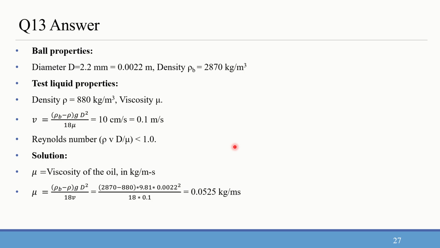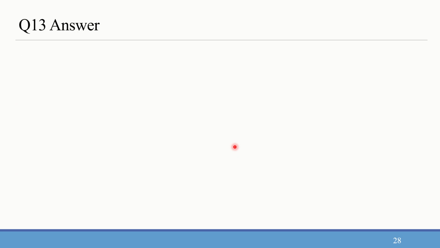So at that time it becomes 880 into 0.0022 squared divided by 80, divided by 0.05, it will be 0.105.